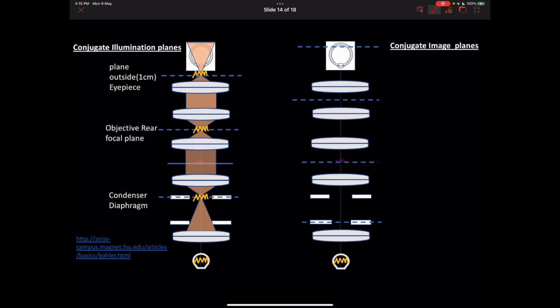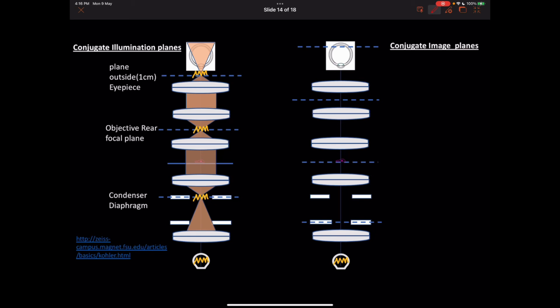After talking about illumination planes, let's jump to the conjugate imaging planes. The first conjugate image plane, where the image of the light source is formed, is the back focal plane of the condenser. They are referred to as conjugate image planes because these are the planes that will get the image of our sample.